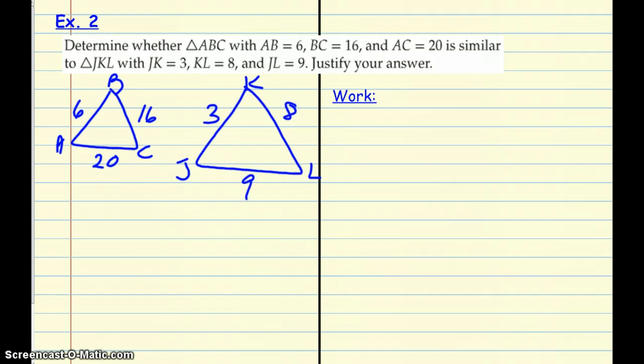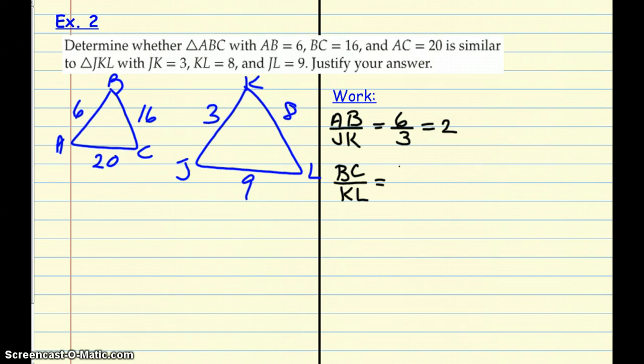In order for these to be similar, the ratios of corresponding sides need to be the same as well. So I'm going to set up a ratio of AB over JK, and I do that because those are corresponding parts. The length of AB is 6, JK is 3, so this simplifies to 2. I'm going to write a proportion of BC compared to KL.